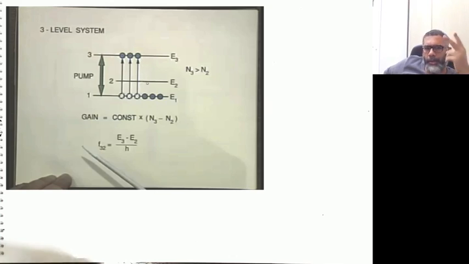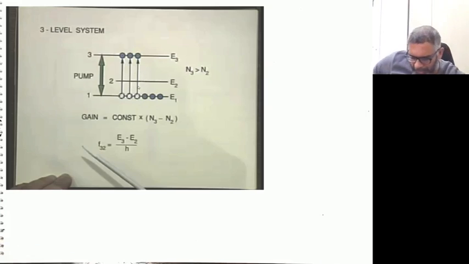So there are two ways. You might think that maybe half of them will drop to 2 and half of them will drop to 1. Well, what happens usually is that they will first drop to 2. They will not drop directly to 1.